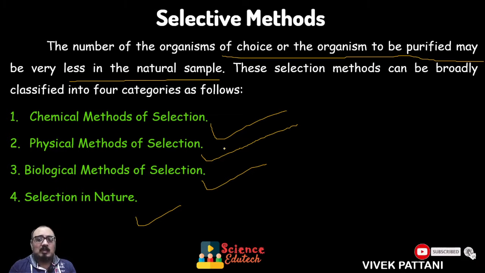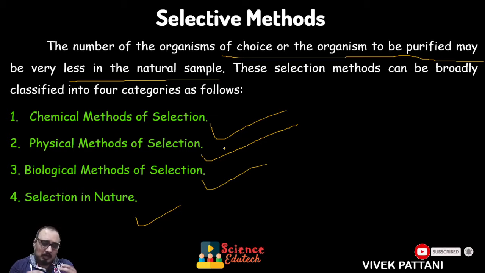Why do we need these methods? The reason is simple. The methods we use may hinder the easy isolation and purification of organisms of our choice, so we need to be specific with the method we use for a particular species of microbes.